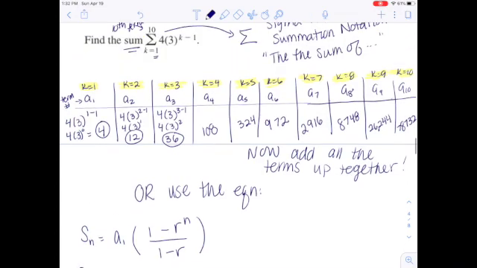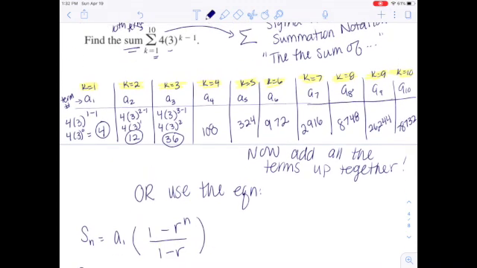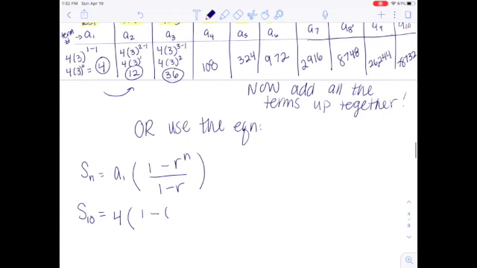Our r value was actually from the beginning. You can see it's 3, or you can check your pattern. 4 times 3 gives you the 12, and 12 times 3 gives you 36. Raised to the n, which is 10, all divided by 1 minus your r value of 3.